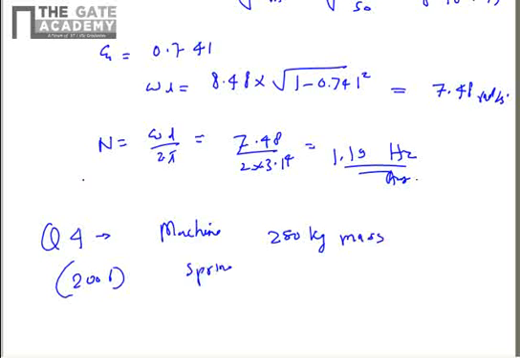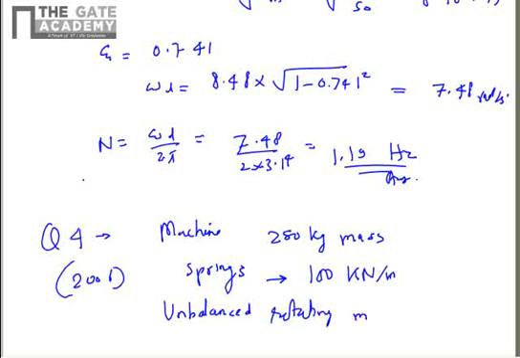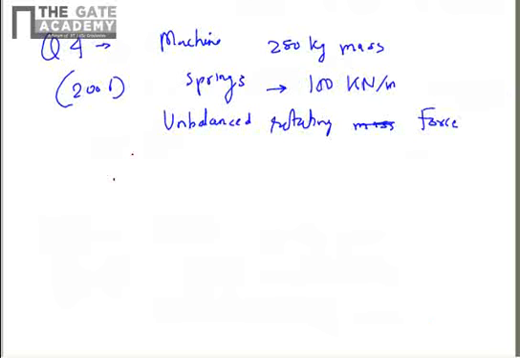It is supported on springs and the stiffness of the spring is 100 kilonewton per meter, total stiffness, the combined equivalent stiffness, and the machine has an unbalanced rotating mass, and that unbalanced rotating force, in this case the radial force, is given. So unbalanced rotating force is 350 Newton at 3600 RPM.